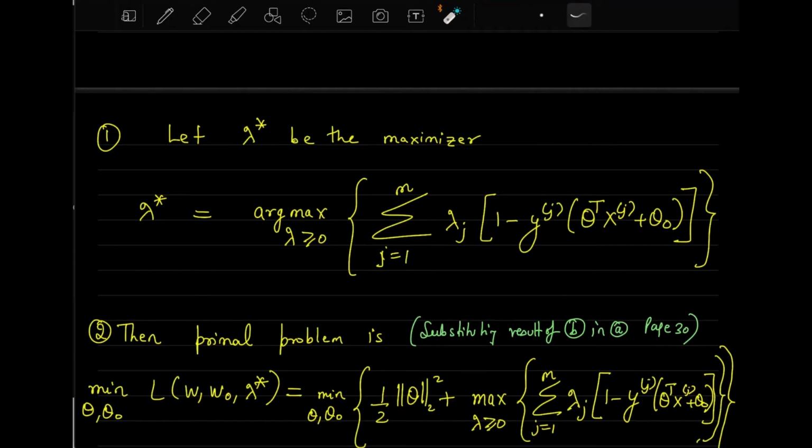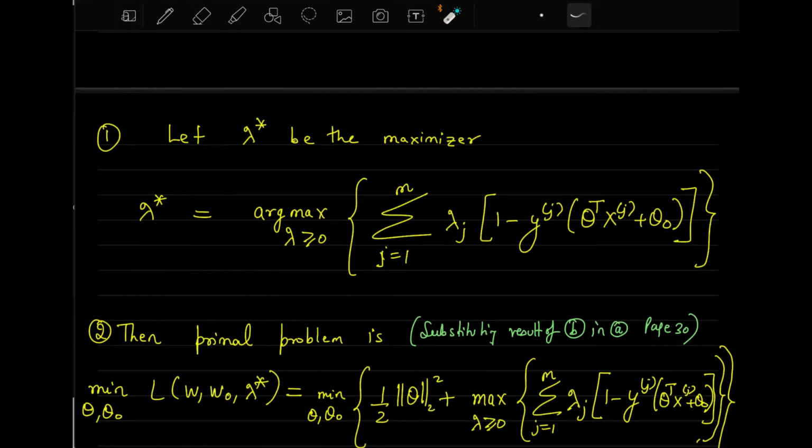You are maximizing this expression and you restrict lambda to be greater than 0, so whatever value you get is the lambda star.